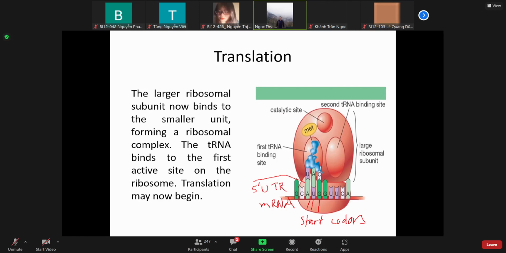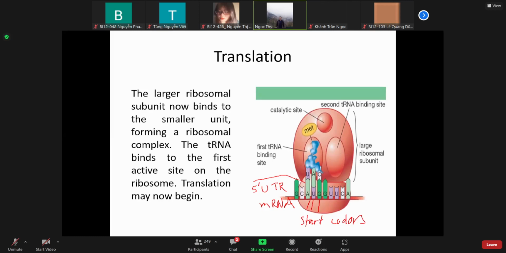So as soon as it reaches the start codon, the tRNA carrying the start amino acid, methionine, will come and bind to the sequence. So the tRNA carrying methionine has the anticodon UAC, which is the complementary sequence for AUG, the start codon.